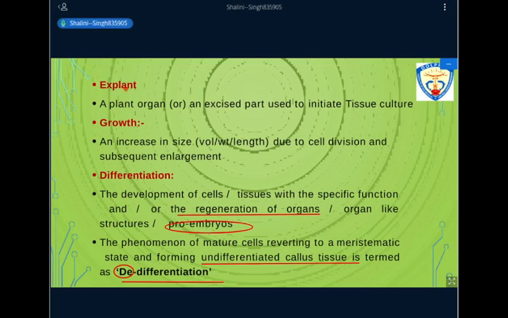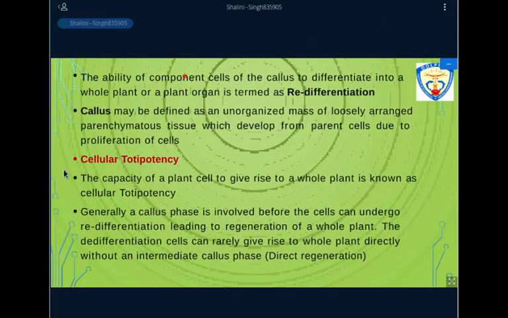So we have explained explant, growth and differentiation. Moving on to the next slide. So the next terminology is redifferentiation.